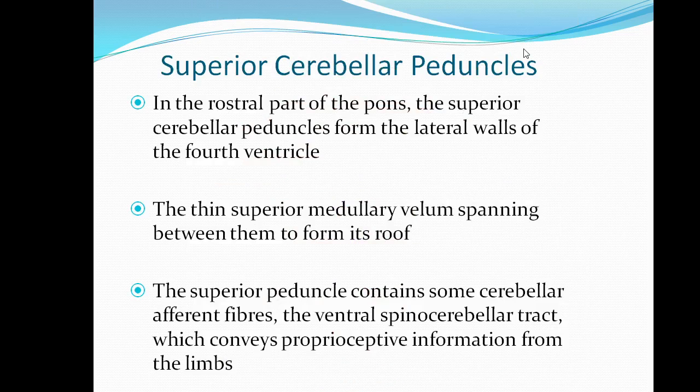Superior cerebellar peduncles. In the rostral part of the pons, the superior cerebellar peduncles form the lateral walls of the fourth ventricle. The thin superior medullary velum is spanning between them to form its roof. The superior peduncles contain some cerebellar afferent fibers, the ventral spinocerebellar tract, which carries proprioceptive information from the limbs.